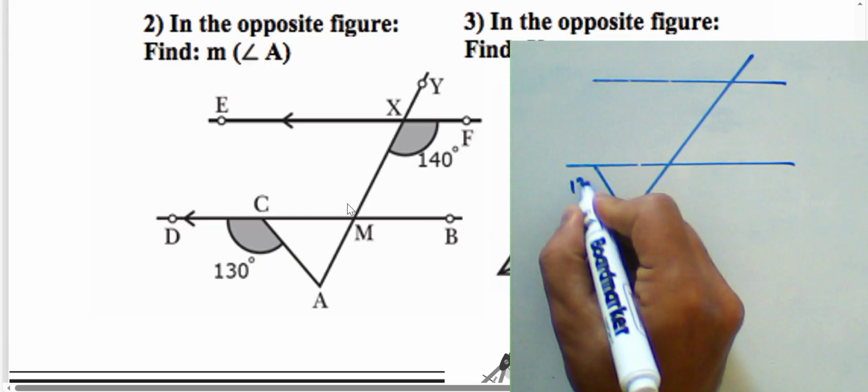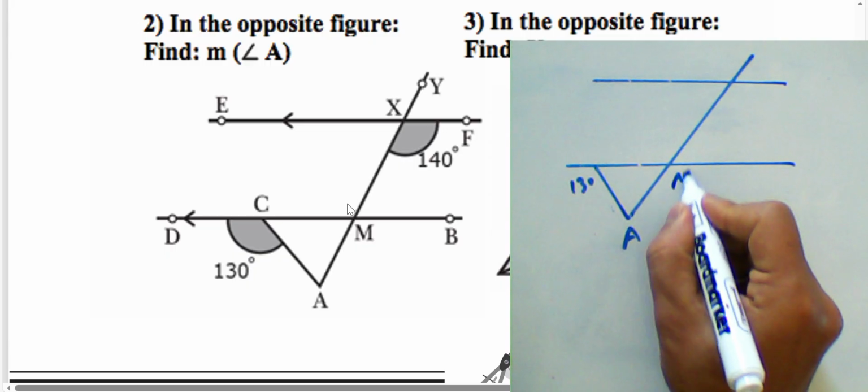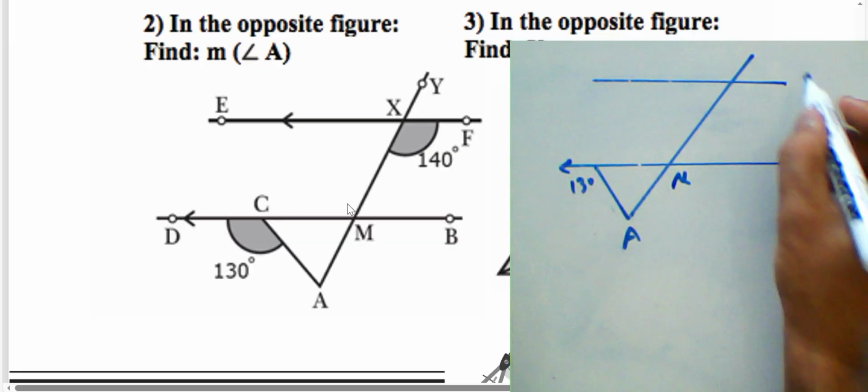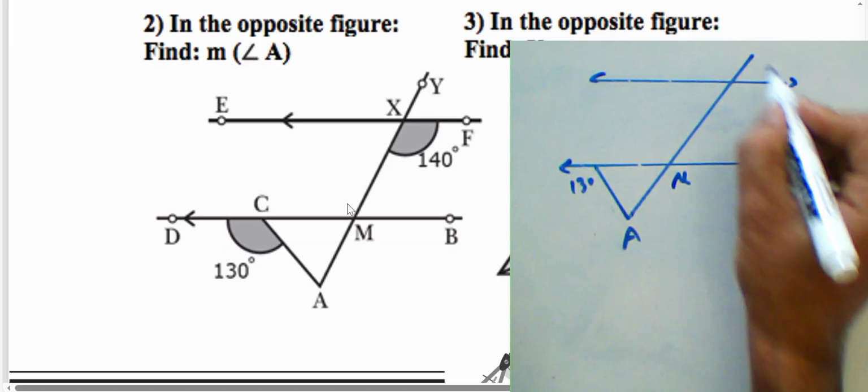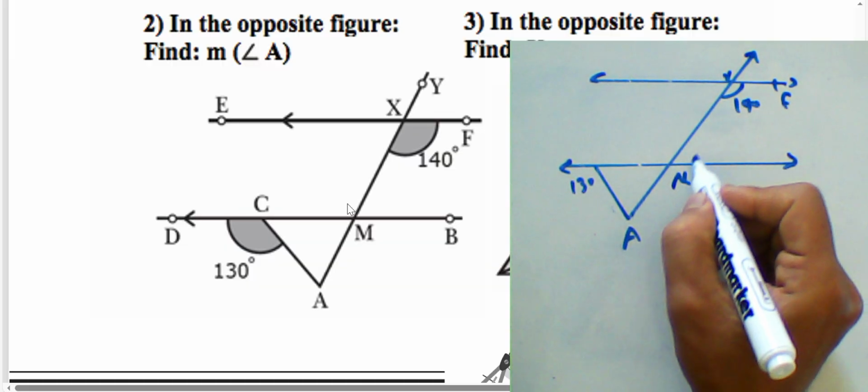This angle was 130 degrees, and I want to find the measure of angle A here. We have M and F, and the angle FXM was 140.